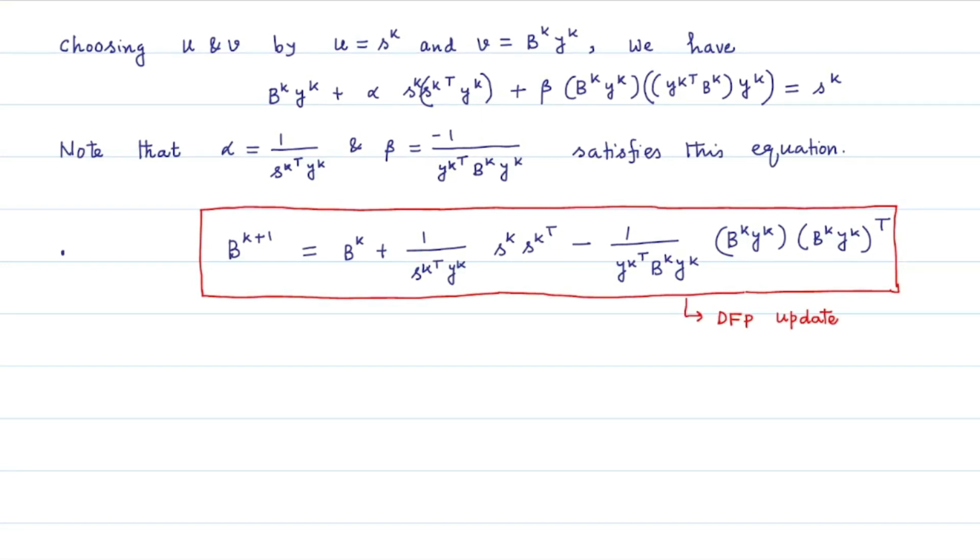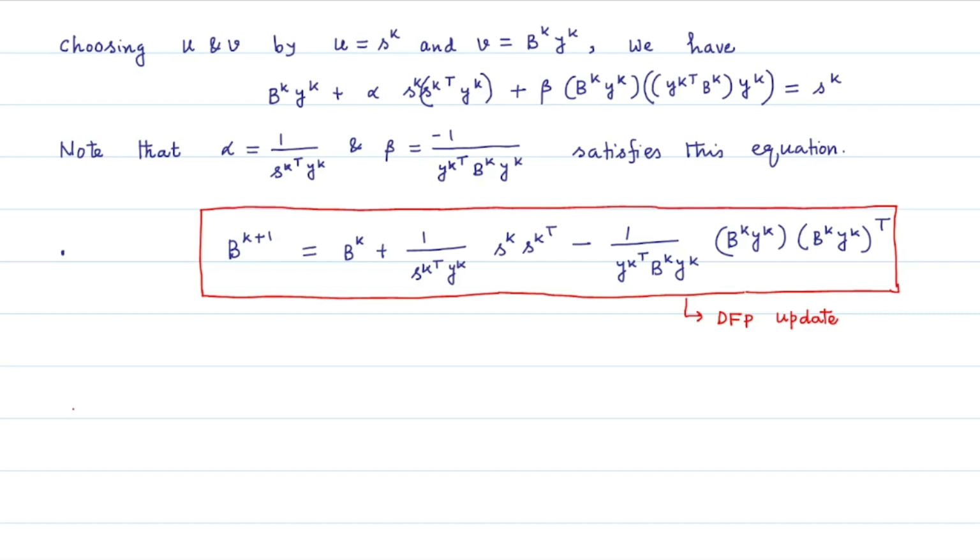Now with this B_{k+1}, let us go compute the direction d_k given by minus B_k times the gradient g_k, and with that direction d_k, provided B_{k+1} is positive definite, we have a descent direction. With that descent direction we can then find an optimization method, and that optimization method is named the DFP method or quasi-Newton method with DFP update.